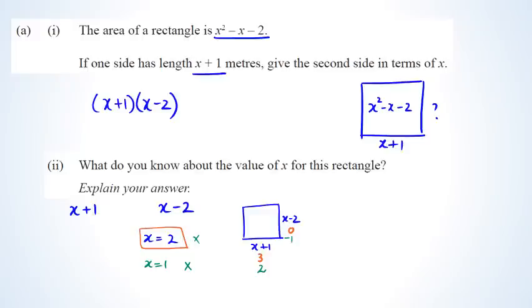But if I look at any number bigger than 2, let's say 2.1, or 2.01, it doesn't matter, but 2.1 is a nice one to look at. 2.1 plus 1 is 3.1, and 2.1 minus 2 gives me 0.1. As you can see, that's a rectangle that I can work with.